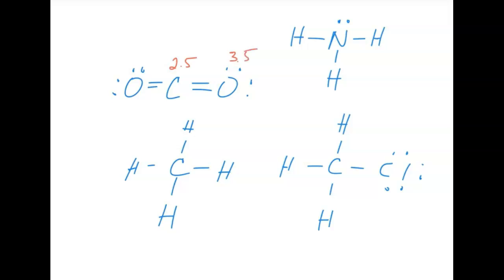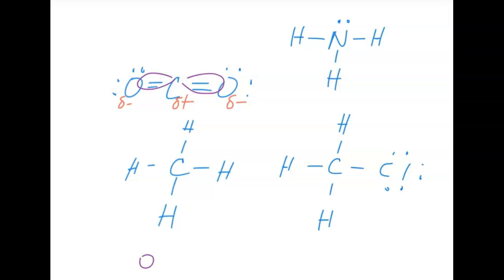So you can see carbon dioxide. First of all, to define bond polarity, we need to calculate the electronegativity difference. Carbon has a 2.5 electronegativity level and oxygen 3.5. So the difference is 1. That means that the greater electronegative atom, oxygen, has a partial negative charge around it, and carbon has a partial positive charge.